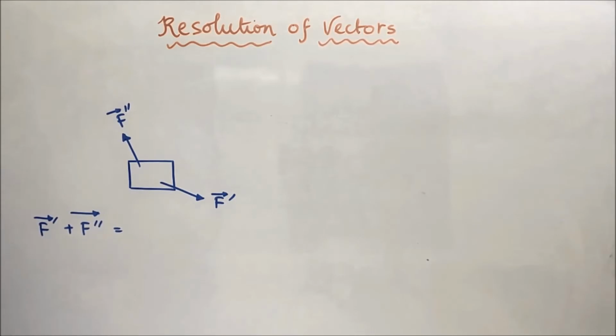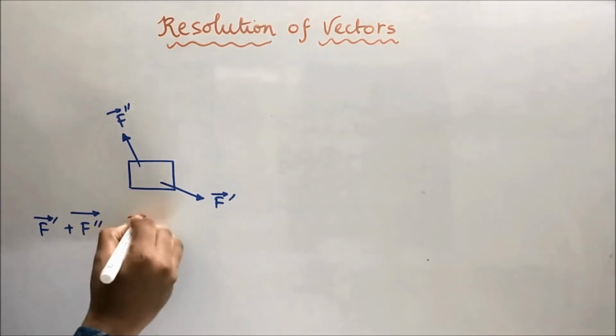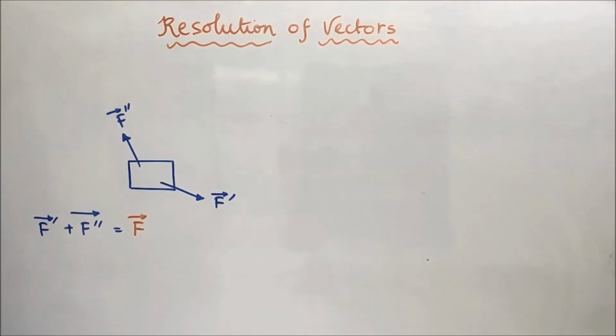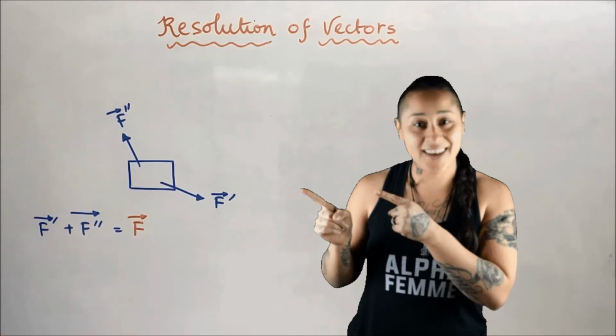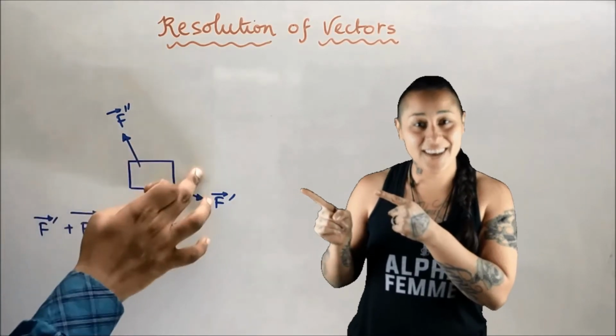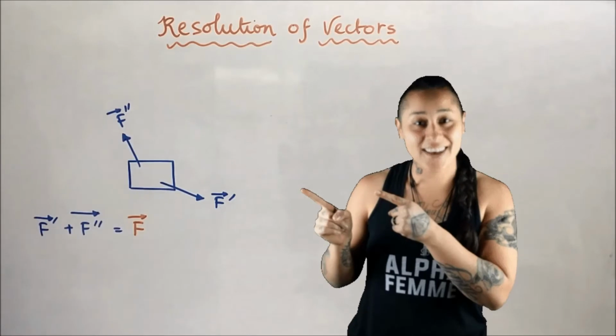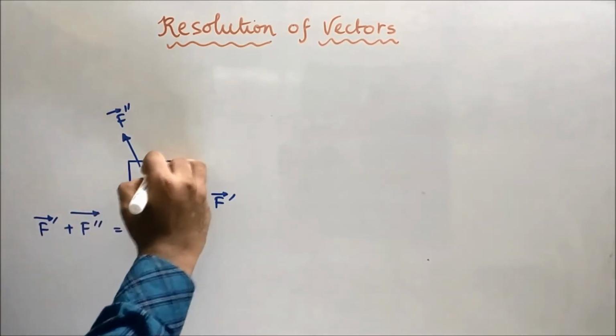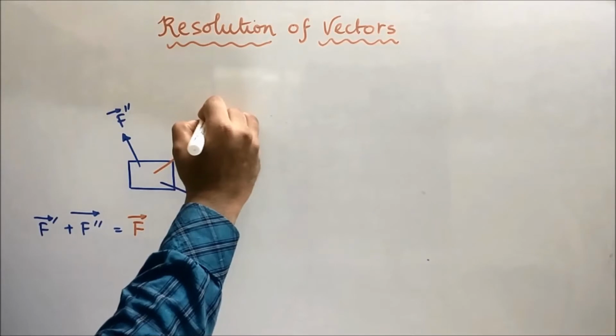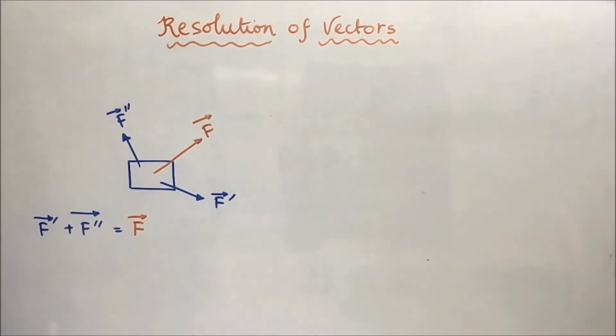For now, let us say the vector sum of these two forces is F. And please believe this statement for now, that the resultant of two forces is going to be anywhere in between these two forces, and for simplicity I am taking F in here. The resultant may not be here. You will learn about that in future videos, but for simplicity F is acting there. So this block will move along this force.